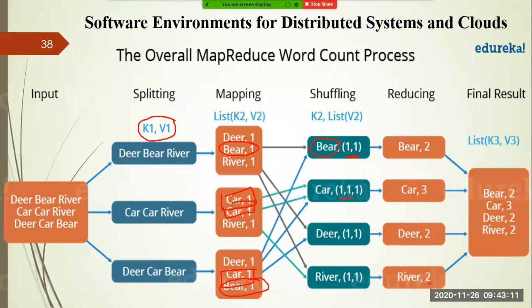Then in the final result, we prepare a list with key 3 and value 3, which is nothing but combining the results of all the reduce functions. This is a very important problem, popularly known as the word count problem. I told you long back to solve this using MapReduce. In the lab class, if you have not done it, please revisit and complete this assignment.